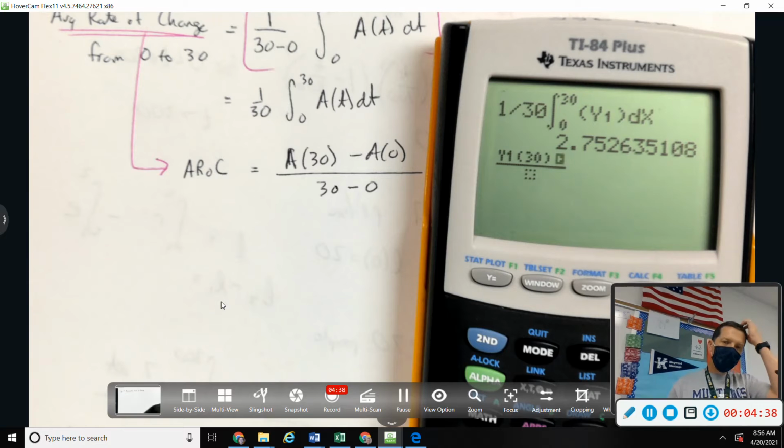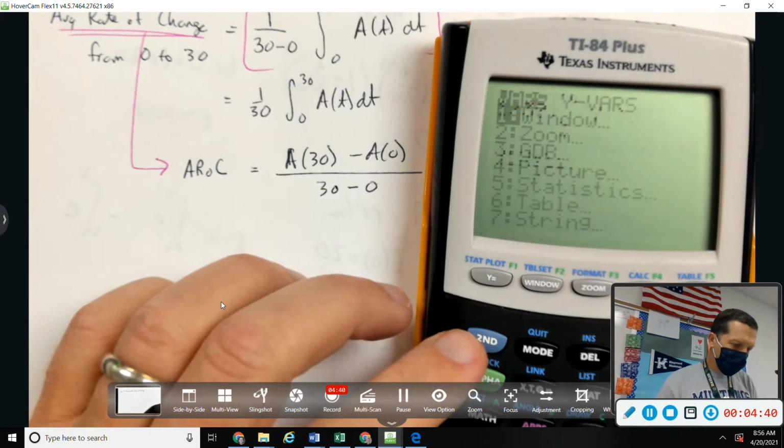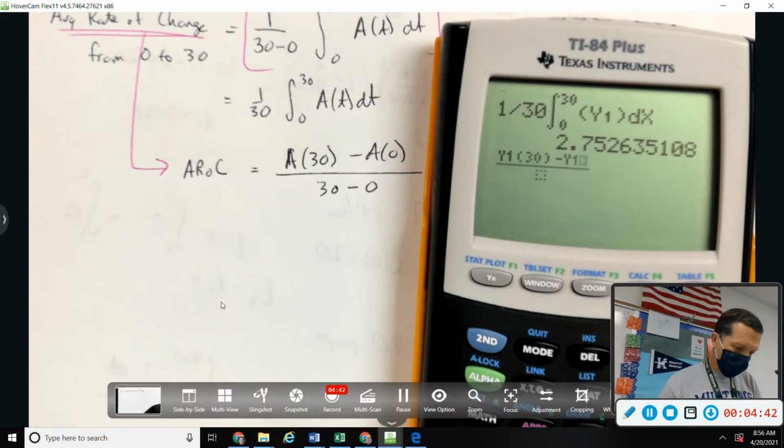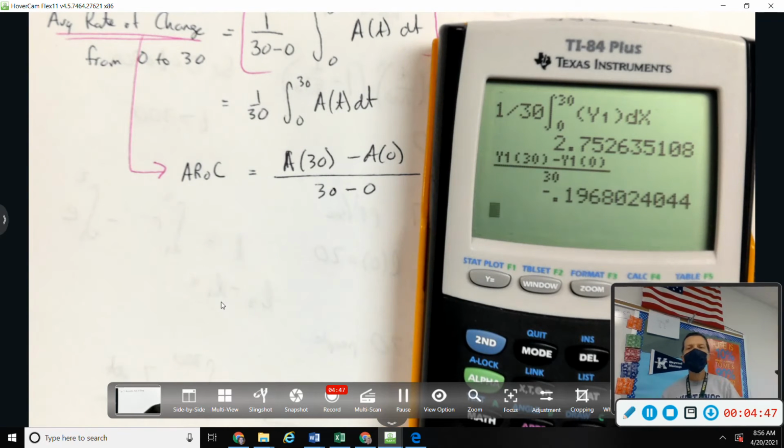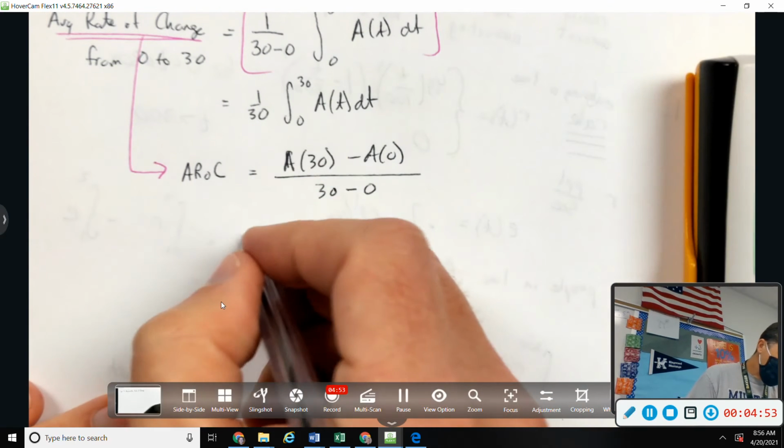So y1 of 30 minus y1 of 0 over 30. Average rate of change, not average value.